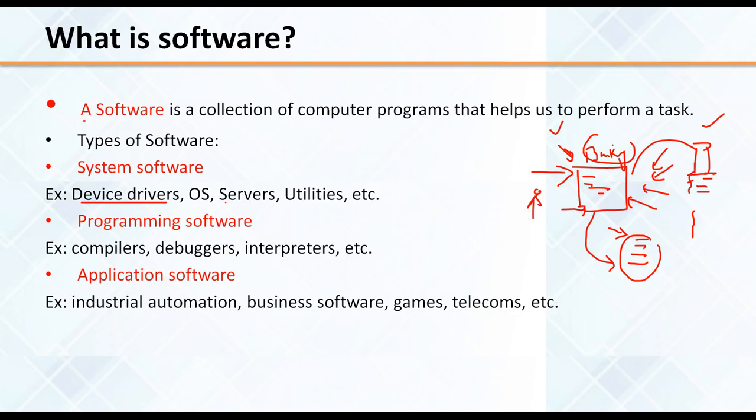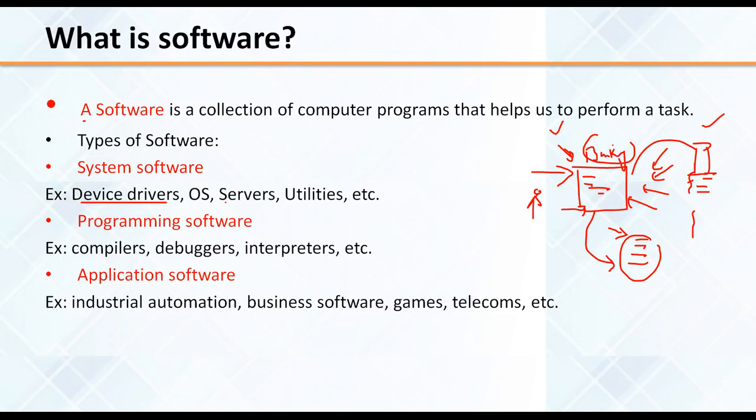Similarly, if you connect your mobile phone to your system, it will start installing some drivers, right? Those drivers come under system software. So device drivers, operating system, some servers or utilities, all come under system software, used for running your systems basically.